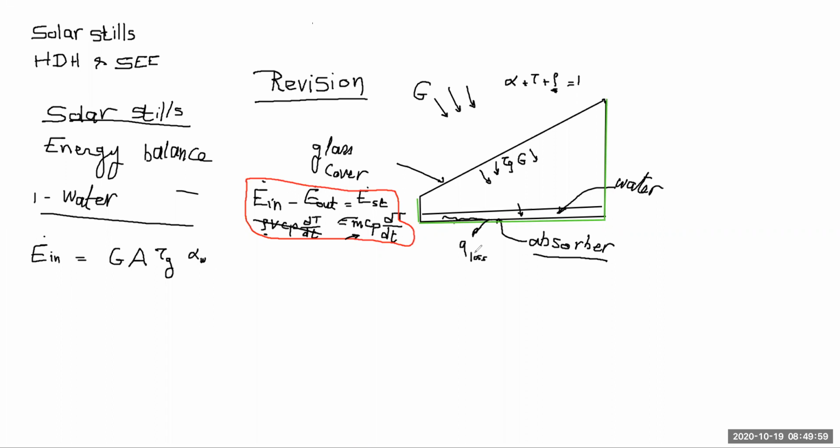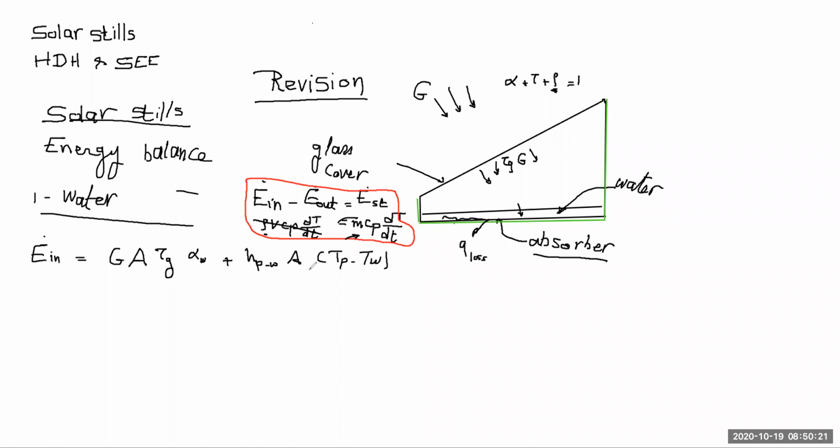If we have a plate, then I'm going to account for the heat transfer coefficient from the plate to the water, times the area, times T plate minus T water. If you remember, we have written this as energy out from the plate in the previous step. Now this energy is going to the water.